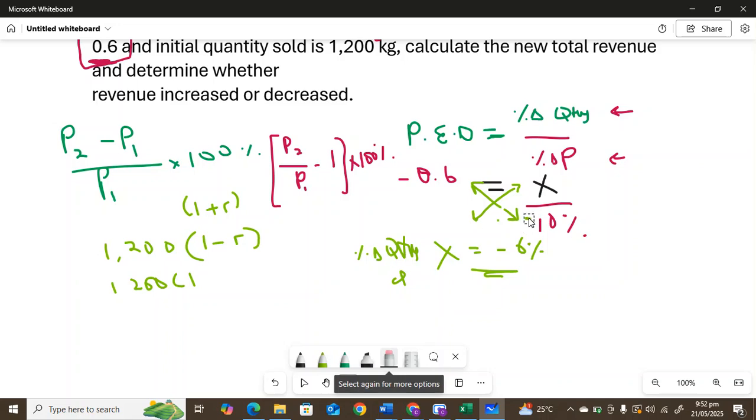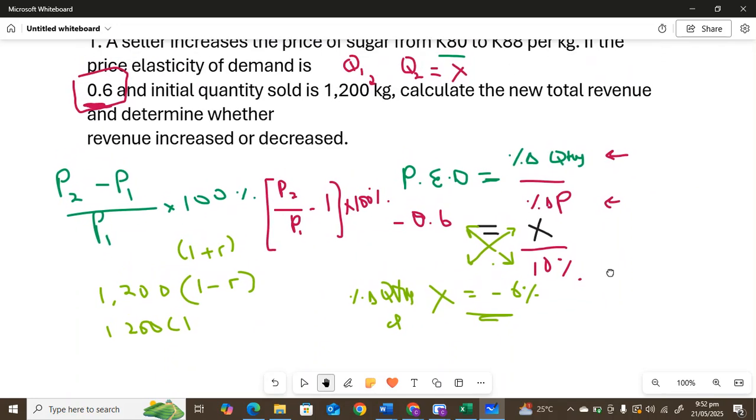Now here, since price has increased by 10%, and when you multiply it with this negative 0.6, this negative is the one that's telling you that quantity demanded has dropped. So that's how you'll be able to determine, madam, when you do the cross multiplications at this part. Is that okay, madam?